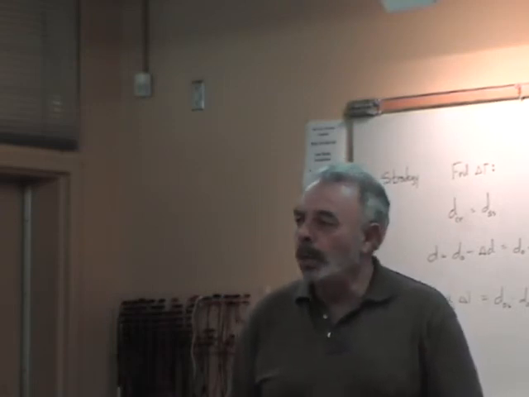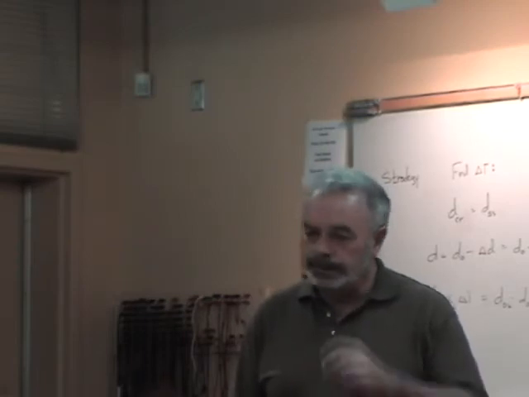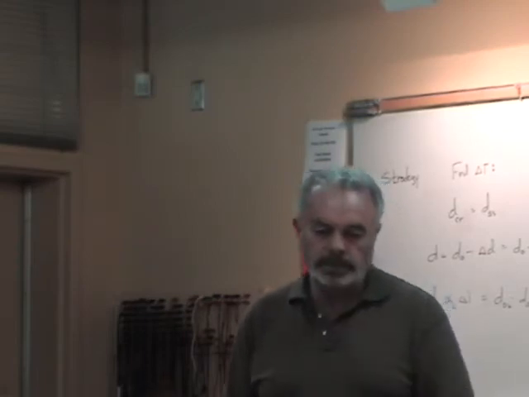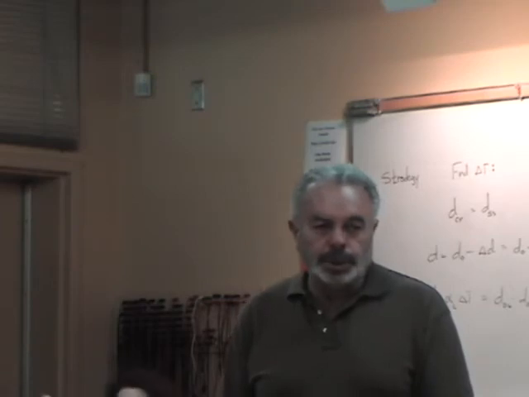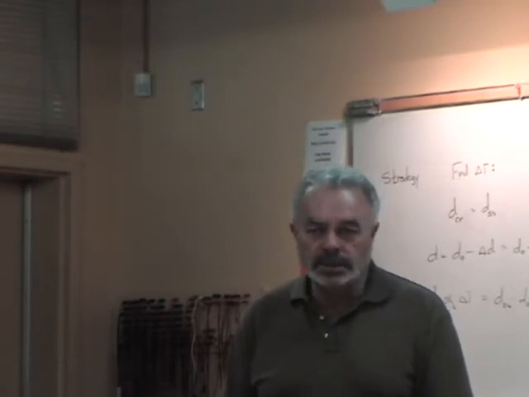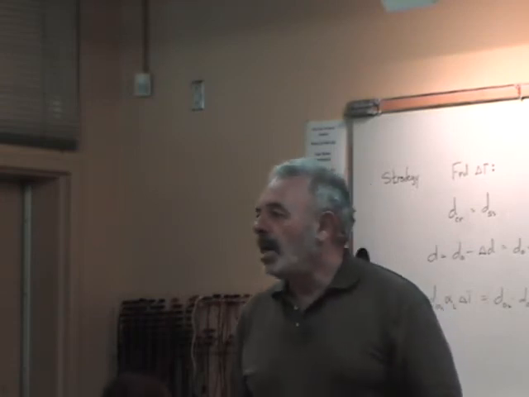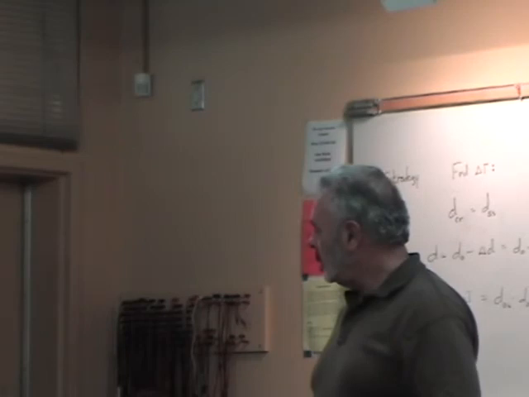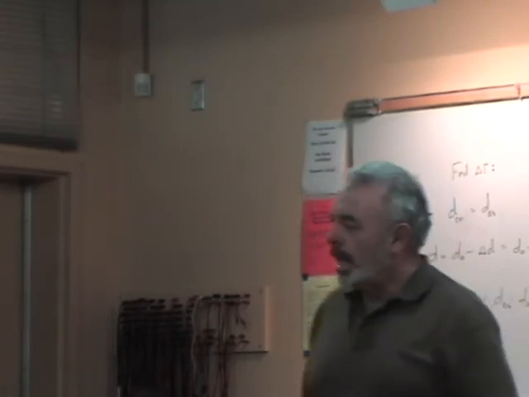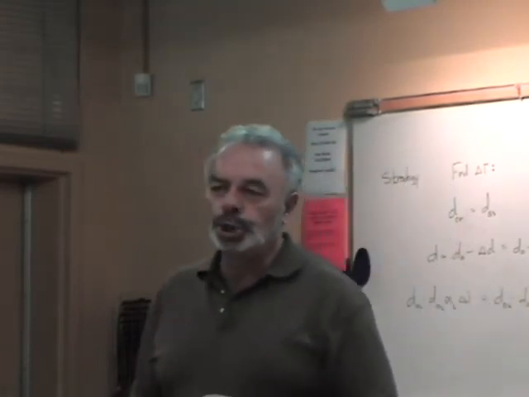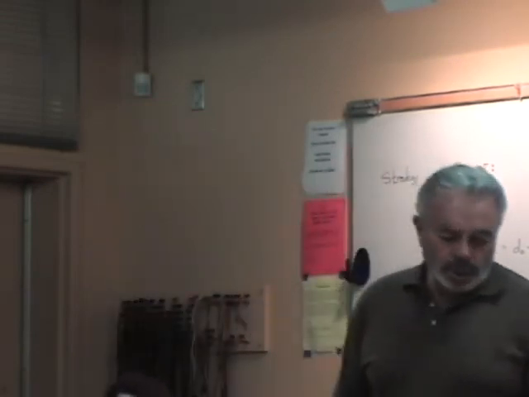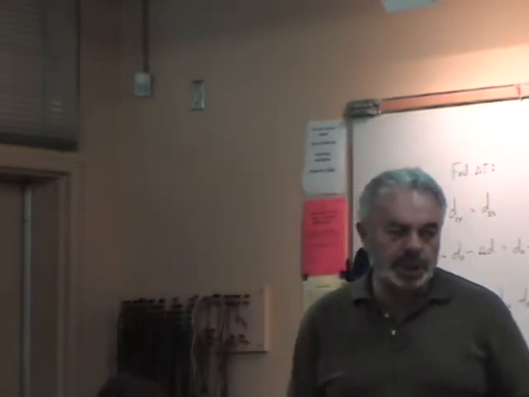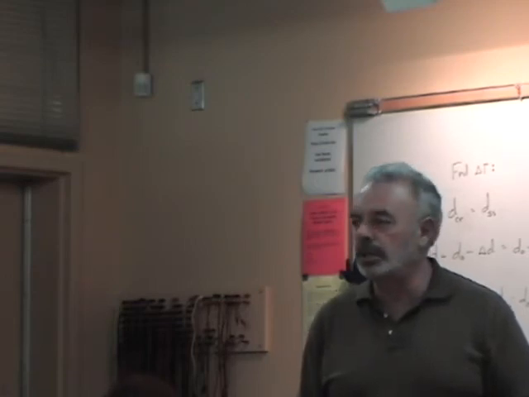Number 2 is procedures. 3 is data. 4 is summary. The last one, number 5, is conclusions. So you should have 5 headings: purpose, procedure, data, summary, and conclusions.